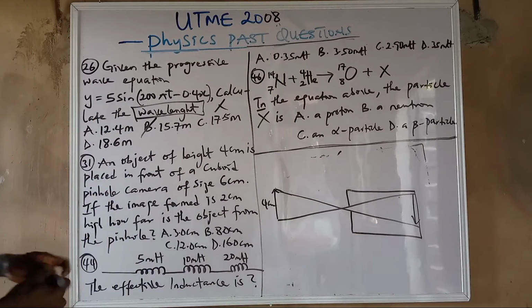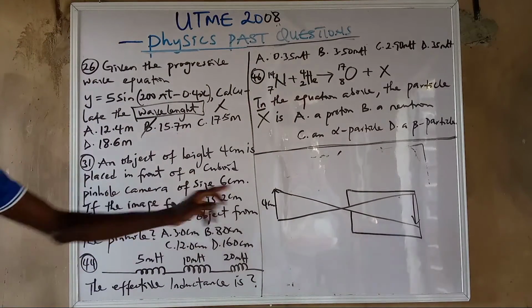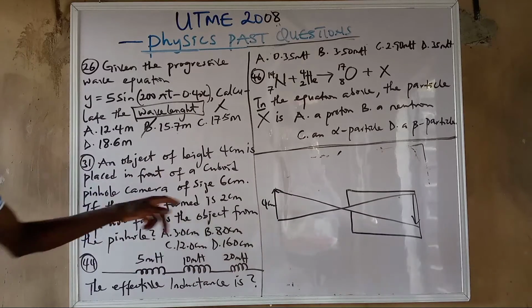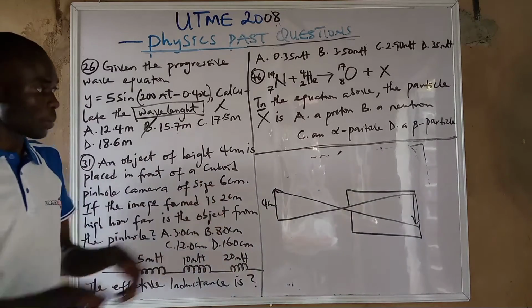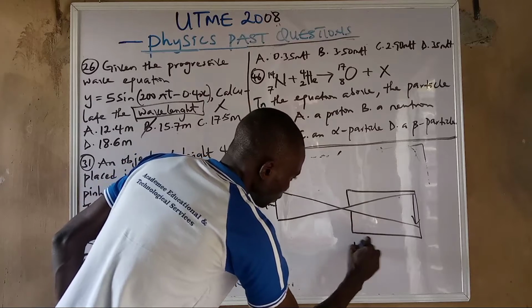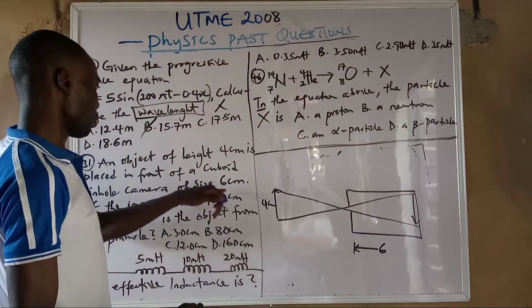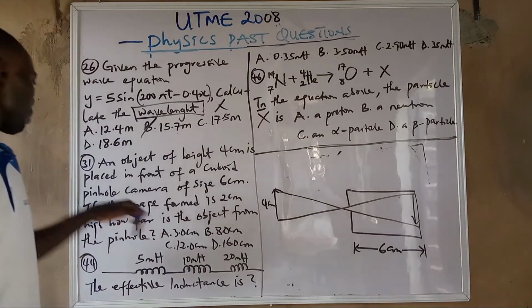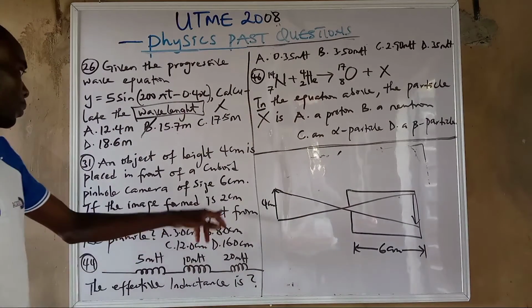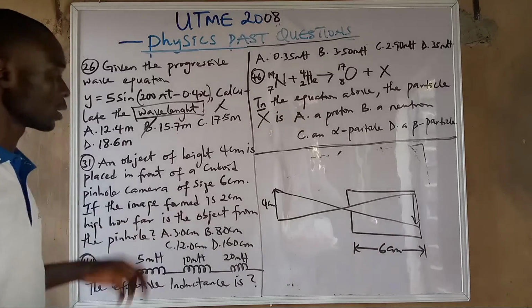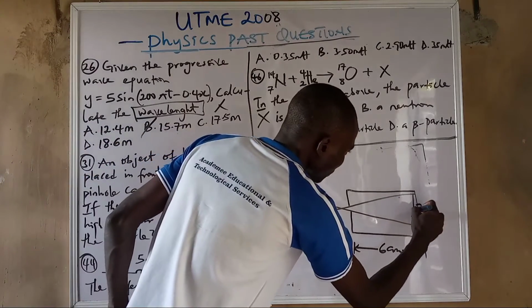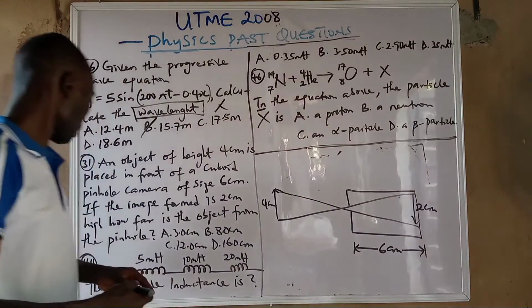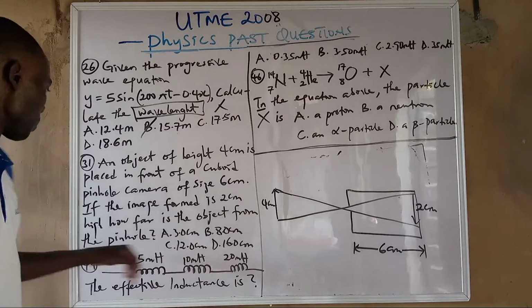The object height is 4 cm, placed in front of a cuboid pinhole camera of size, so the size of the camera is the length from here, which we are given to be 6 cm. That's the length of the camera. If the image formed is 2 cm high, that means this image formed here is 2 cm high.